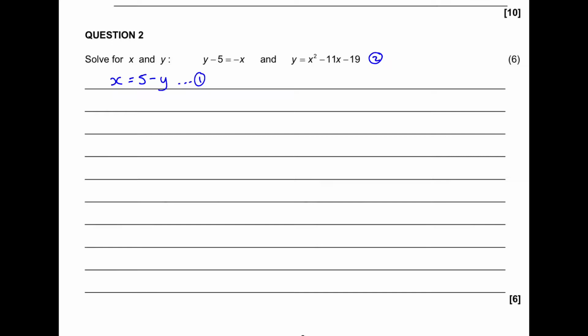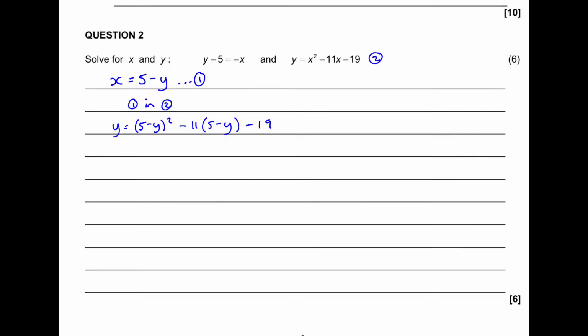But just to carry on, I'll still show you how you get the same answer with just a little bit more work. So we substitute equation 1 into equation 2, and you need to tell the markers which are your equations and which ones you're substituting in when. In equation 2, wherever we see x, we're going to replace it with 5 minus y. So y is equal to x squared, so that's (5 minus y) squared, minus 11 times (5 minus y), minus 19.